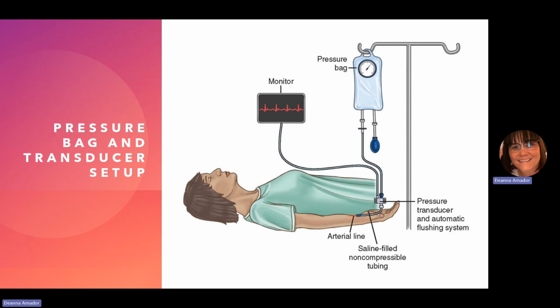This is where usually they'll put the arterial line, and then this is with pressurized tubing. So this tubing looks like IV tubing, but when you feel it, it's hard. So it's special tubing, it's pressure tubing. On it, there's a little transducer or a flushing system that you will see there.